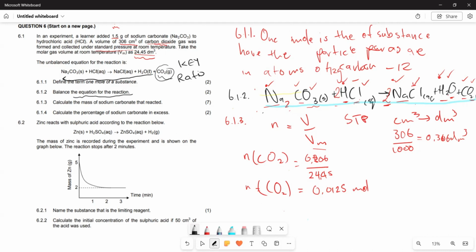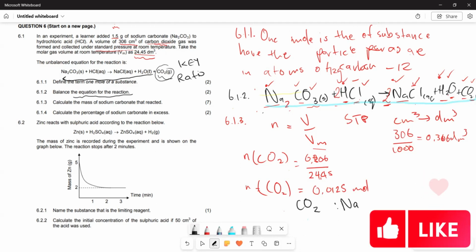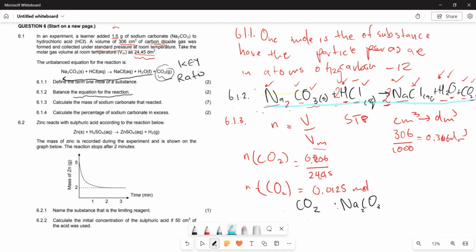We are going to say, look, we can look at your CO2, and then compare it to the ratio of your sodium carbonate, which is the one that you are looking for. Now, the ratio here, from our balanced reaction, let me write with a highlighter. You can see it is 1 here.